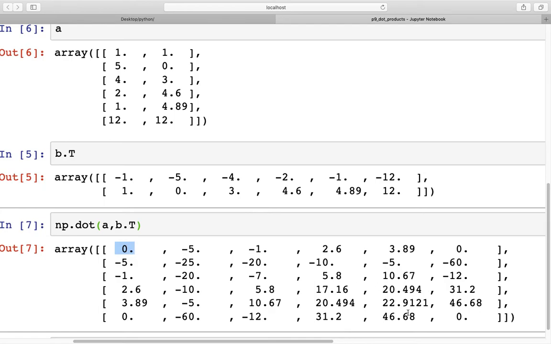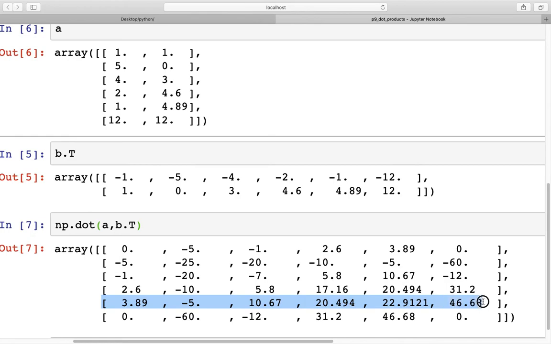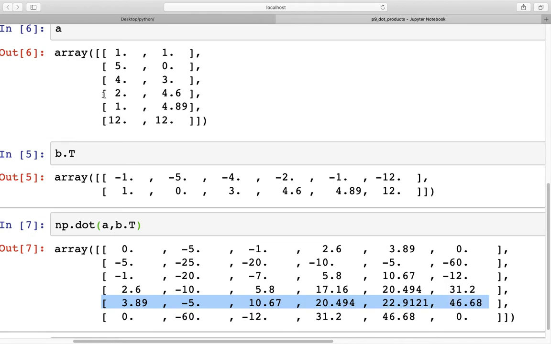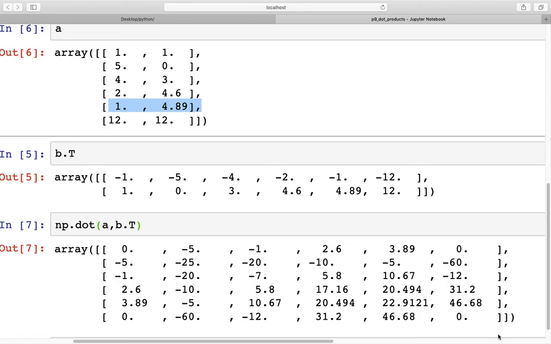Now the closest vector seems to be this number, 46.8. So we are looking at this particular row from array A, and then we are looking at the last column.